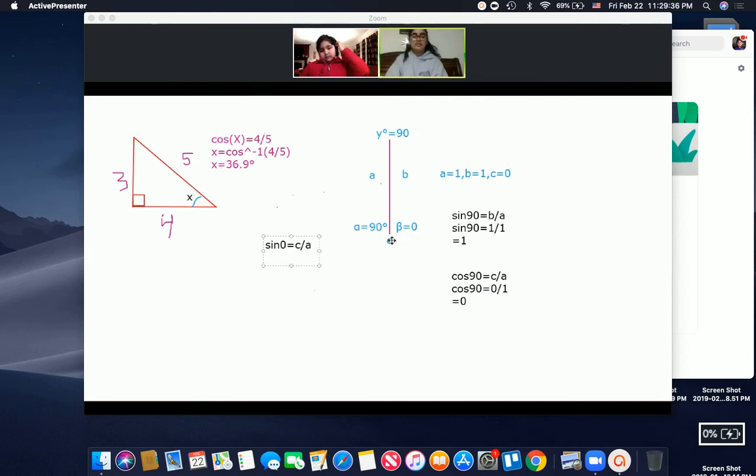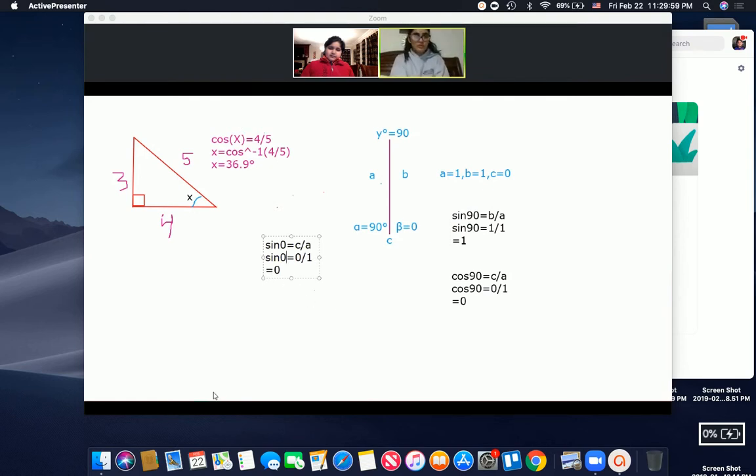And so it would be c over a, which is equal to 0. And that is actually true. Oops, I made a mistake here. If you were to do sine of 0, you do get 0.